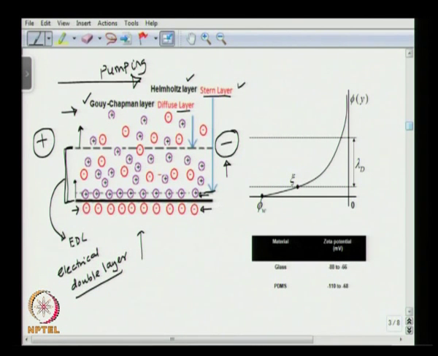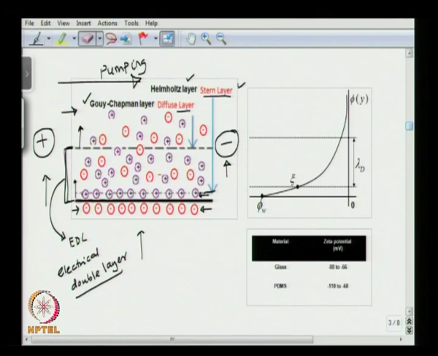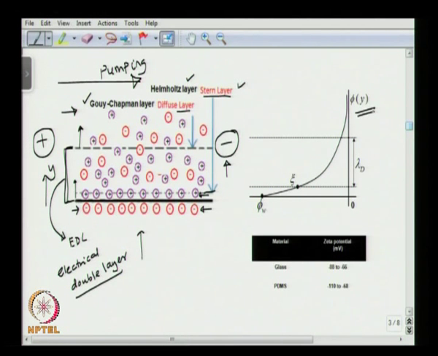If you look at the potential variation from the wall into the bulk of the liquid, let us call this z direction, or in this case let us call it the y direction, then this is how it is going to vary. This is how the potential phi is going to vary from the wall into the bulk of the liquid.